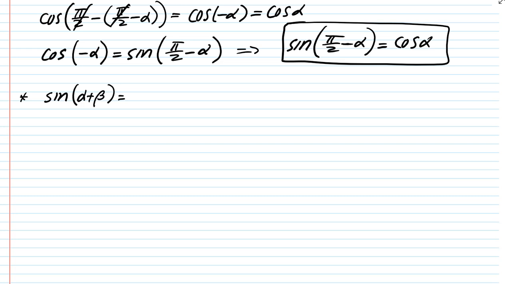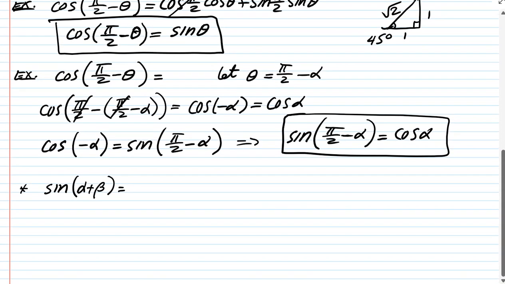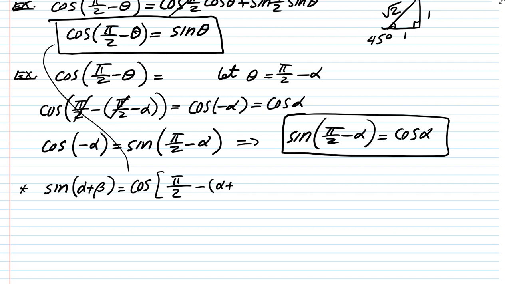Well, we're going to use this fact. So I'm going to write this as cosine of, remember, sine is cosine shifted 90 degrees. So that's going to be pi over 2 minus the measure of the angle, which is alpha plus beta now.